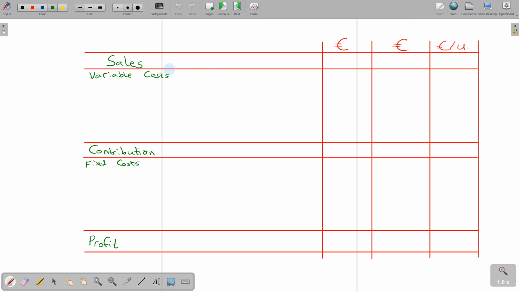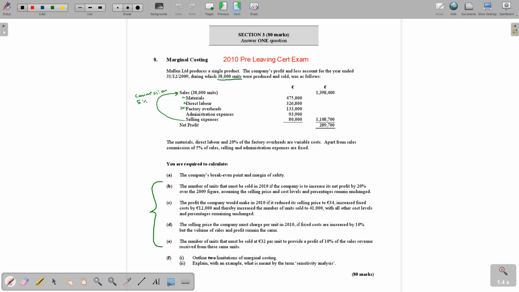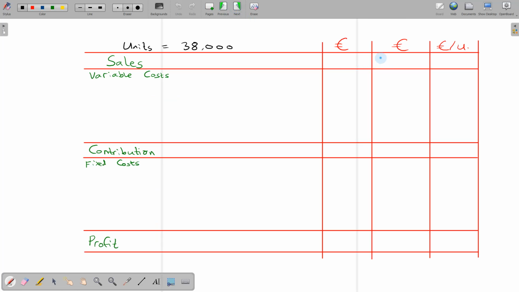So here we have a small little table, something that's really easy to create. This is for units, 38,000. We'll use that to get our per unit basis. We're told that sales is 1,398,400.